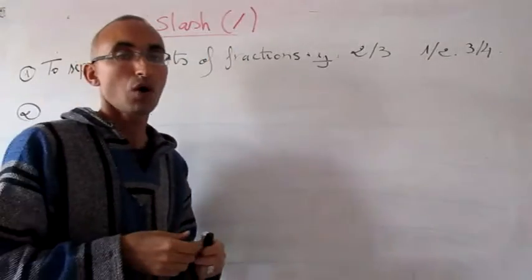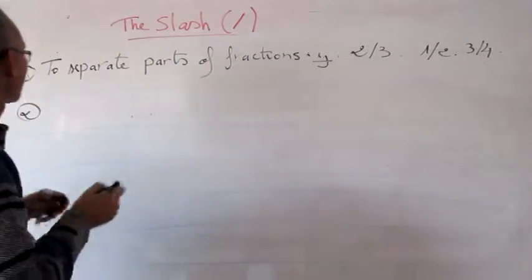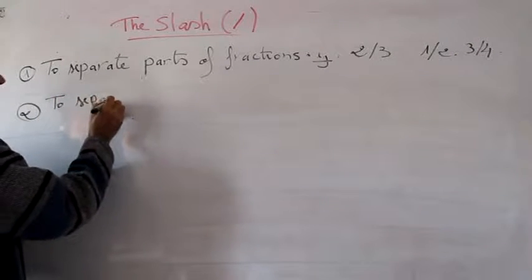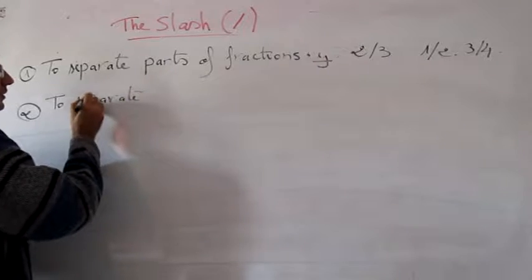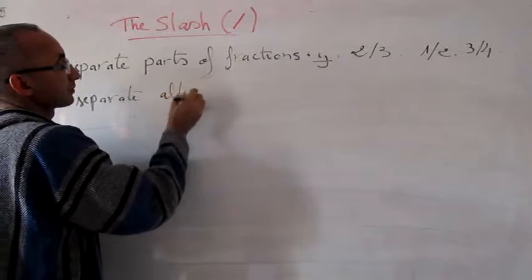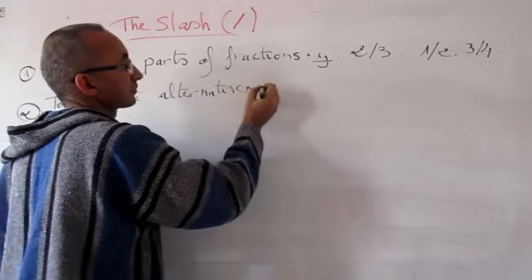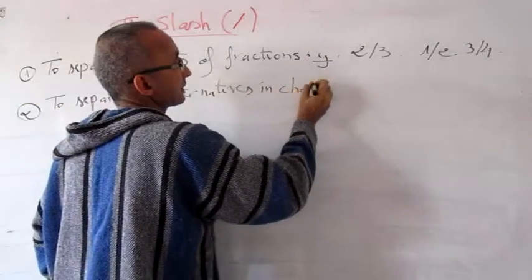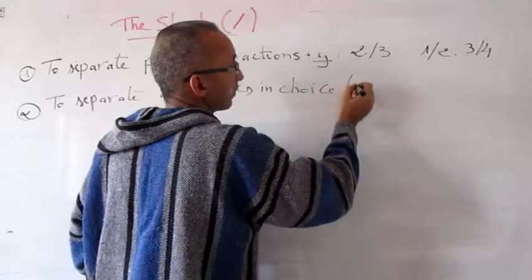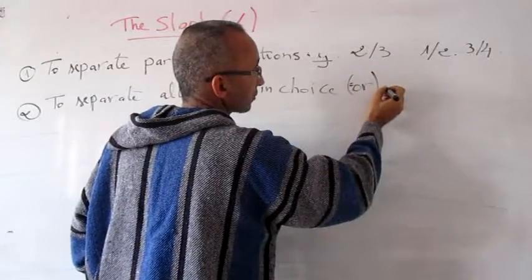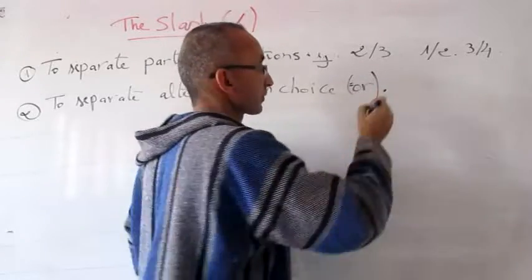So we write also, to separate alternatives in choice. It equals the conjunction or.